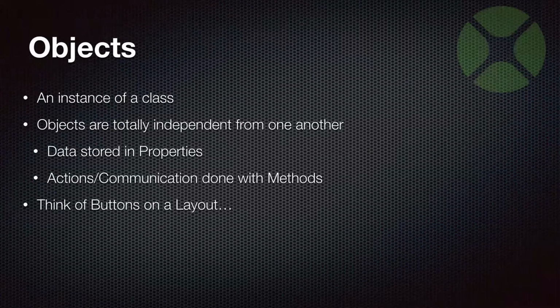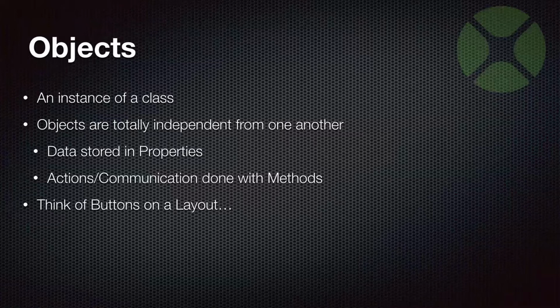Now think of when you're just doing a layout of some kind, say in Xojo, and you've got an empty layout editor and you drag a button onto it. Well, if it's a desktop app, the class for that button is push button. So that's the class. When you drag it onto the layout, you're essentially telling Xojo you want an instance of that class here on the layout, and that gets its own name, and that object becomes, say, push button 1, unless you rename it to be like OK button or save button or something like that.